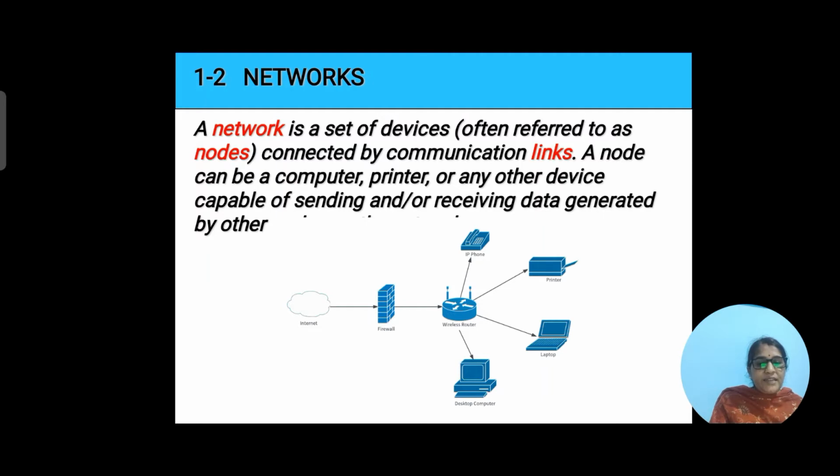A node can be a computer, printer or any other device capable of sending and or receiving data generated by other nodes on a network. In this figure also, the computer and printer are capable of sending and receiving information, that is data.